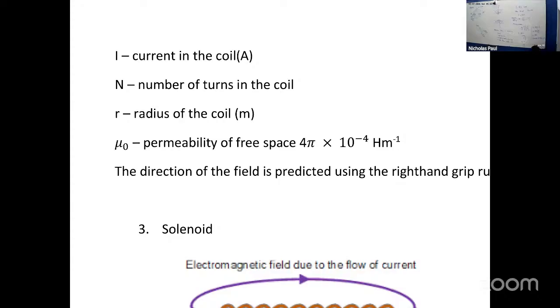Before you forget, just write this value down now: the permeability of free space. It should be 10 to the power of -7.